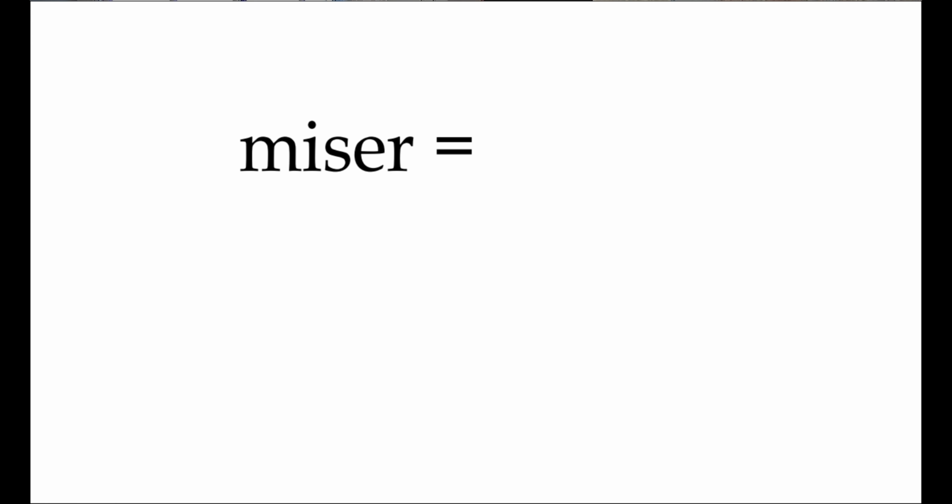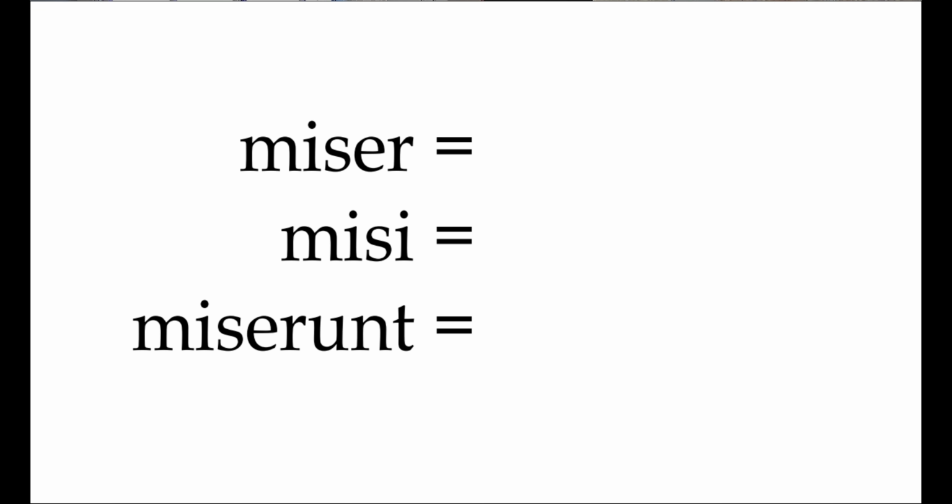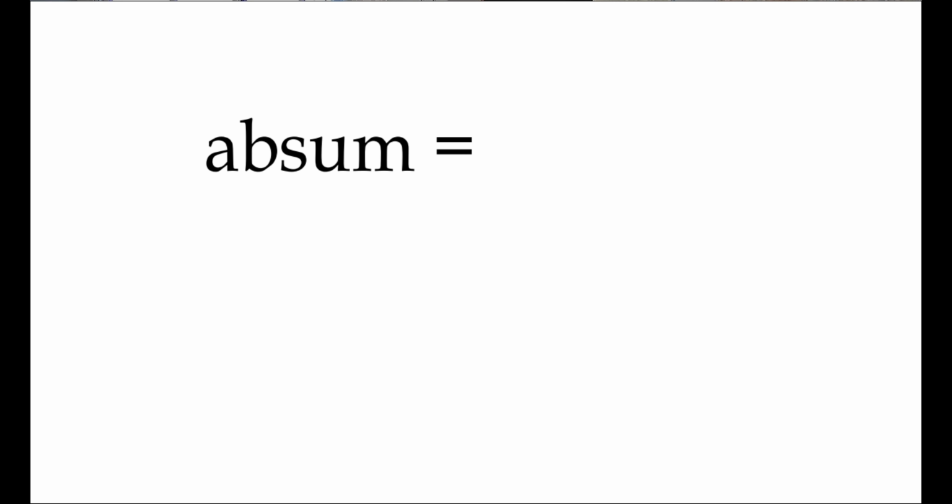Now, these next three, misere, misi, miserunt, actually they're only two words, if that gives a clue for you. The bottom two are both from the same verb, aren't they? Absum, adsum. This next pair always catches people out.